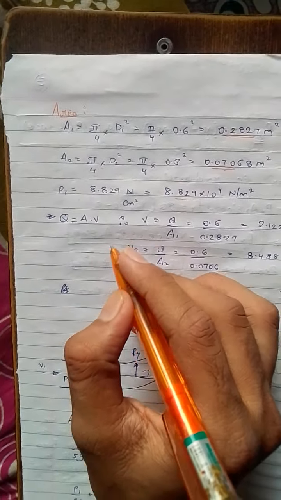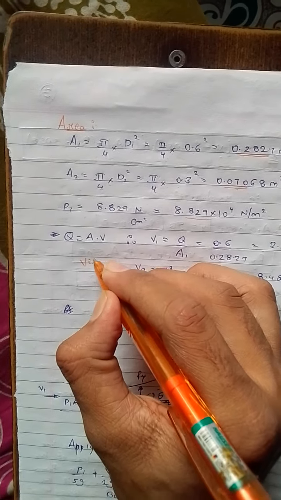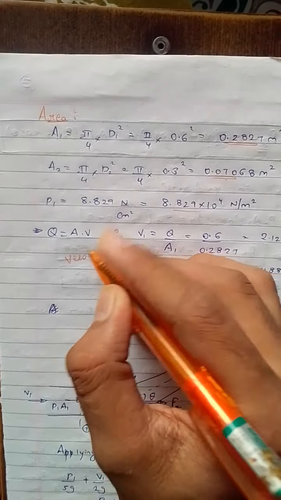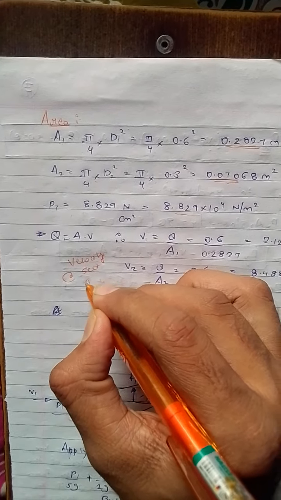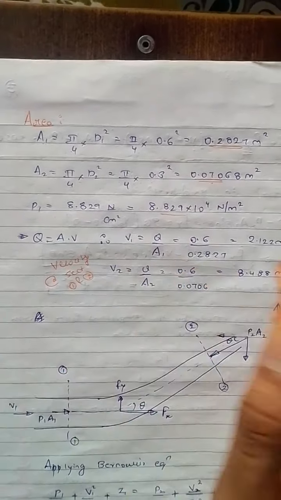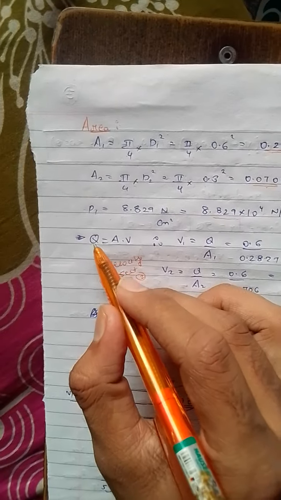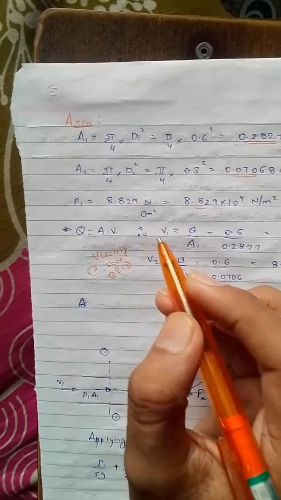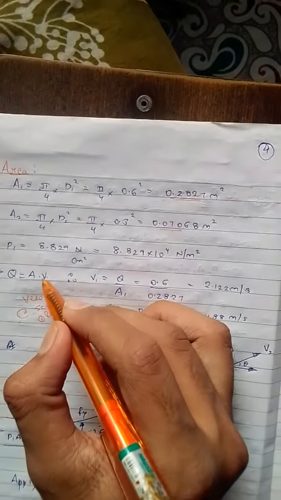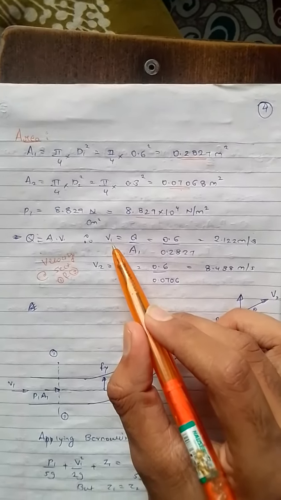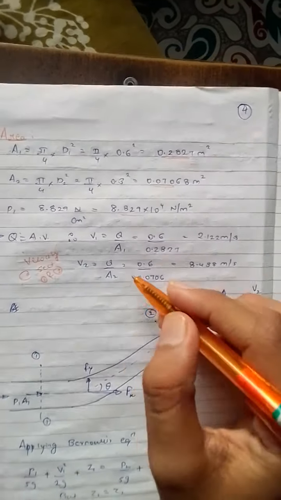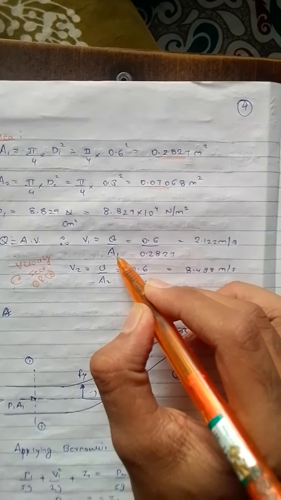So next step we have to calculate the velocities, velocity at section 1 and 2. As we know that discharge is equal to area into velocity, we have seen this in fluid mechanics. So velocity will be equal to discharge by area. So V1 equals Q upon A1.